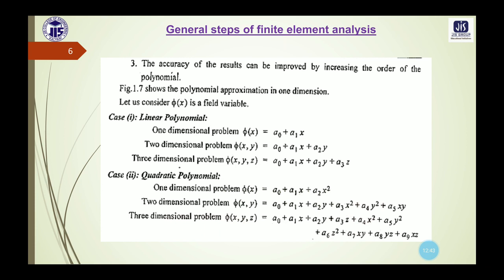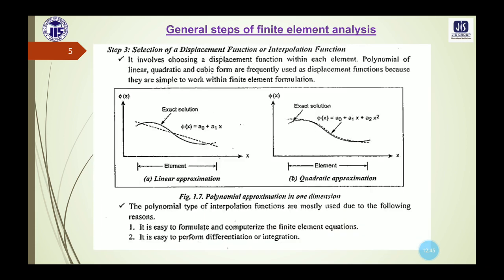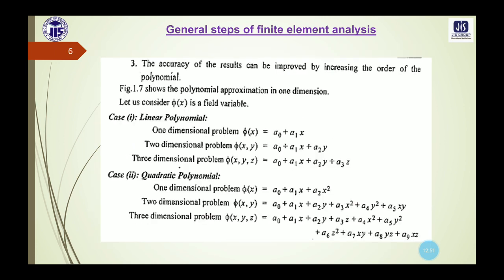Now in this earlier diagram, what we have seen here, the polynomial function in case of the linear and quadratic approximation were given. Now this phi x is considered as a field variable. In case 1, in case of the linear polynomial, this is the mathematical expression for the one-dimensional problem, where the field variable is phi x.